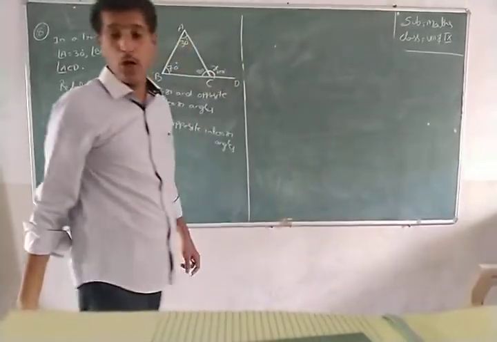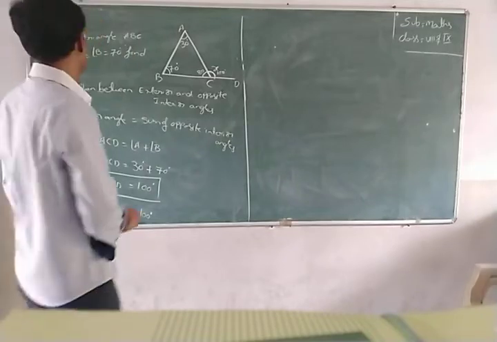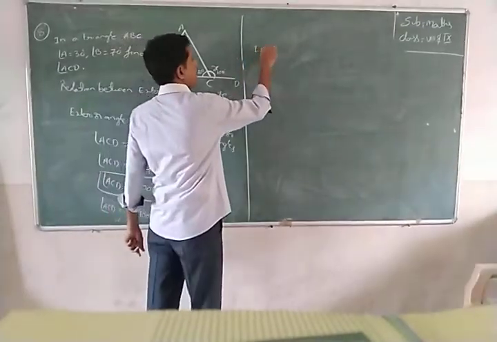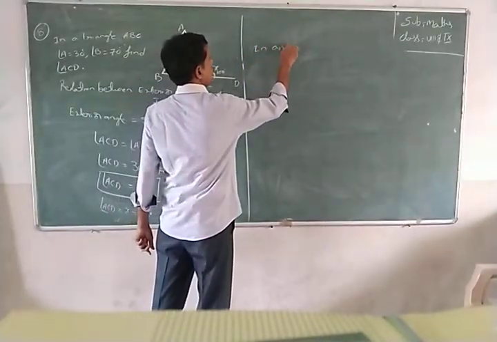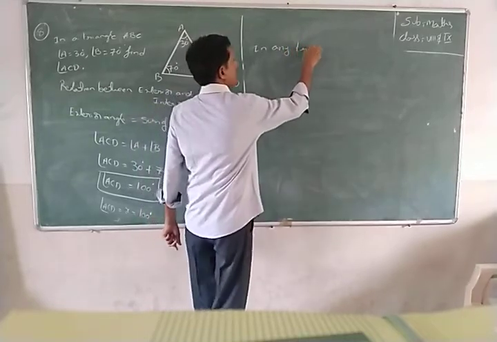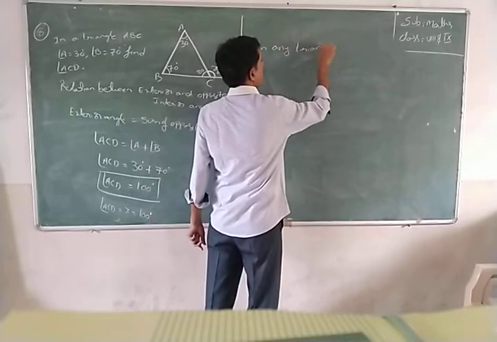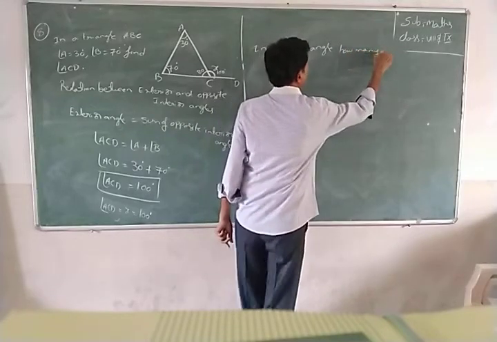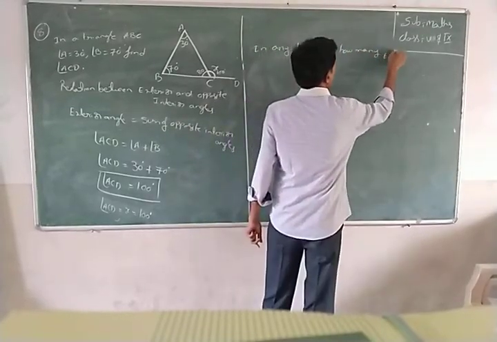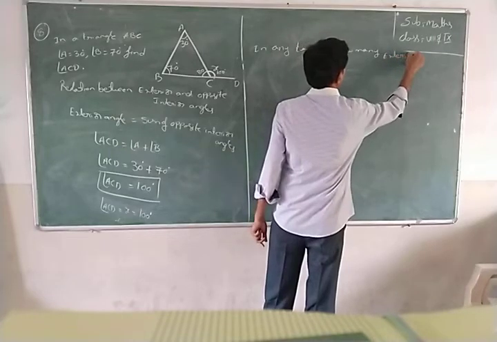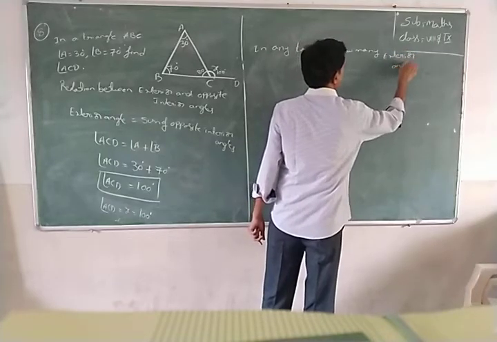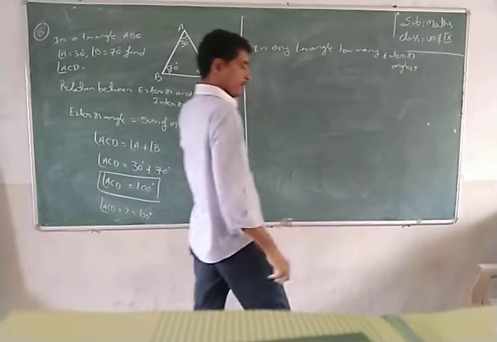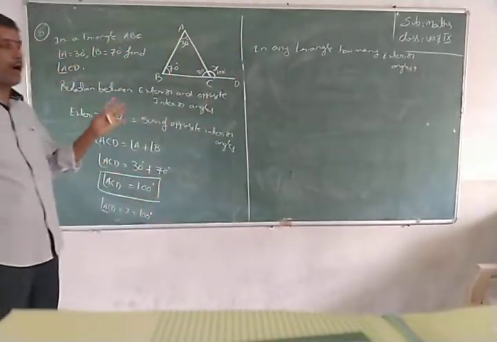In any triangle, how many exterior angles? In any triangle, how many interior angles?